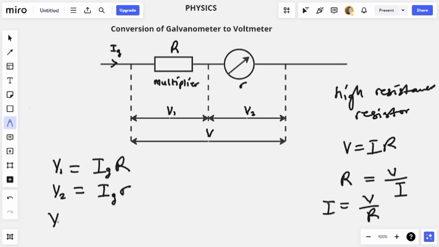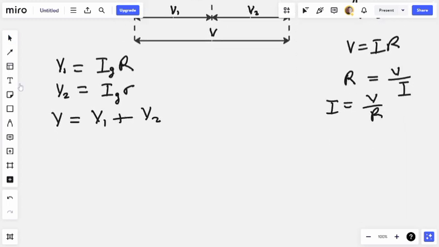Then our equivalent voltmeter reading, since it's a series connection, they are not the same, so you add. That will be V1 plus V2. So our voltmeter reading will now be Ig R, capital letter R, plus Ig r, small letter r.